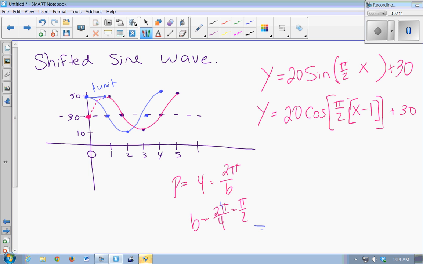Does that make sense? Okay, so these are two functions that always have the exact same y values, and we can just double check that they give us the right picture by using GeoGebra. 20 sine pi over 2 x plus 30.